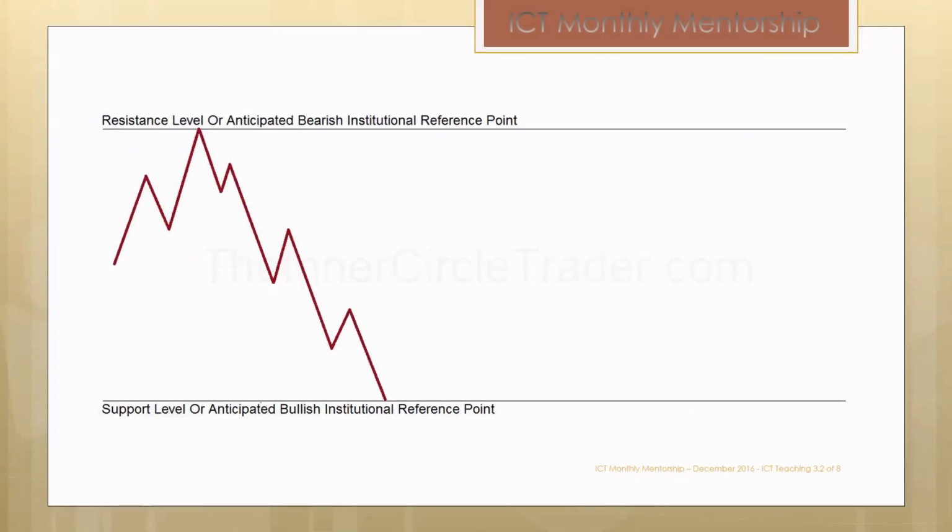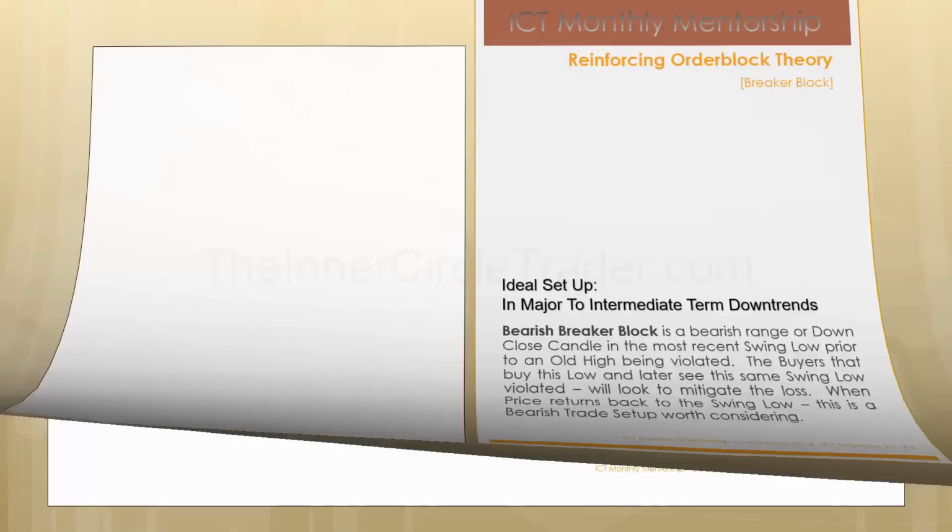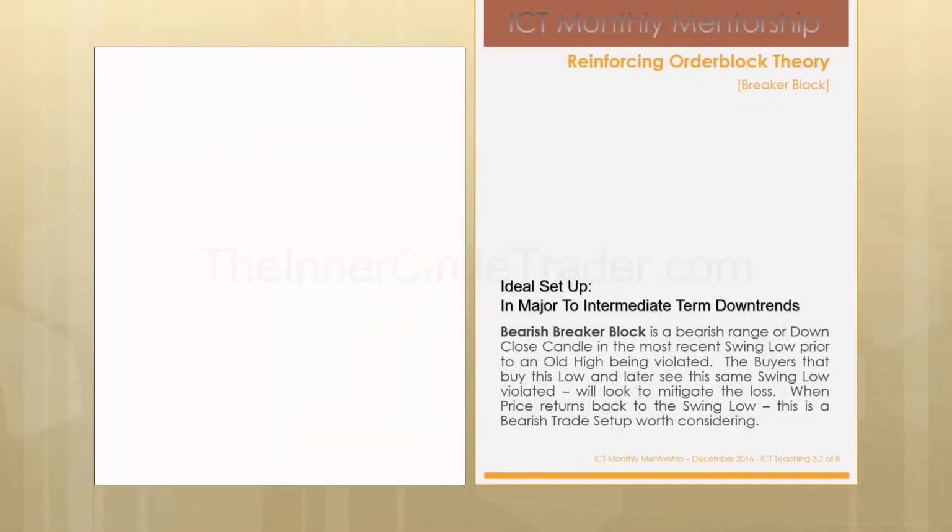Contrarily, we can look at the market in this way. When the market trades higher and takes out an old high and then breaks below the low that makes that new high, our focus is there, and we view that as a bearish breaker. Okay, so take a closer look at a bearish breaker.